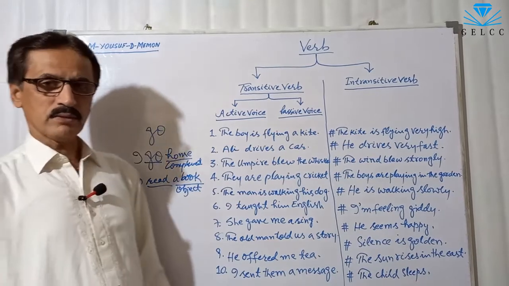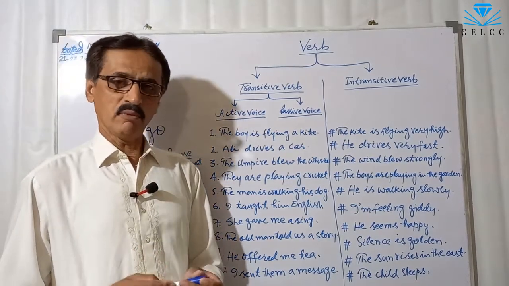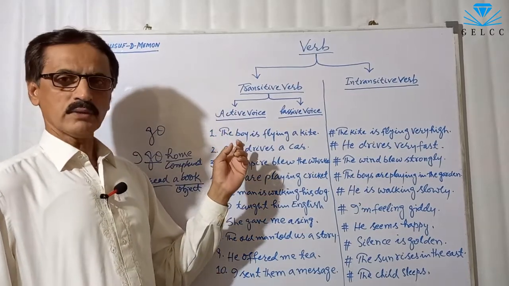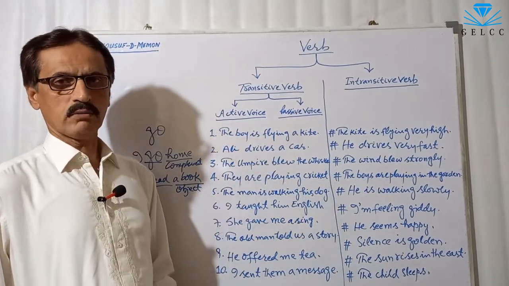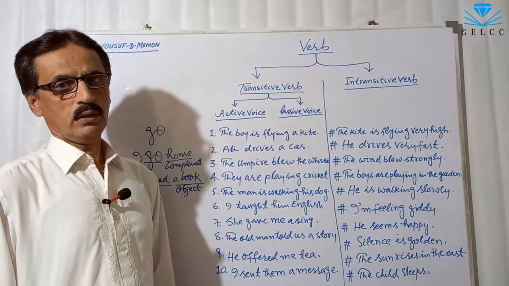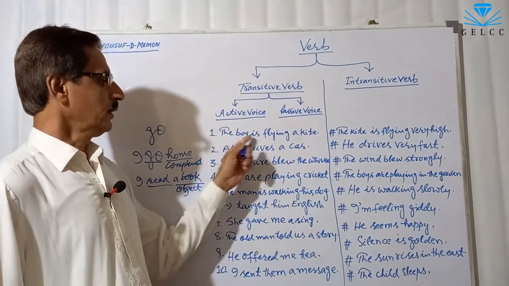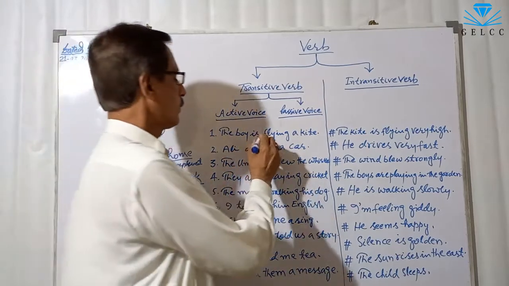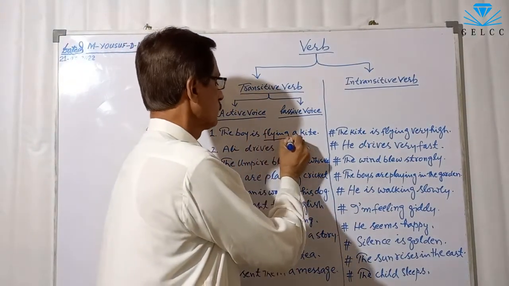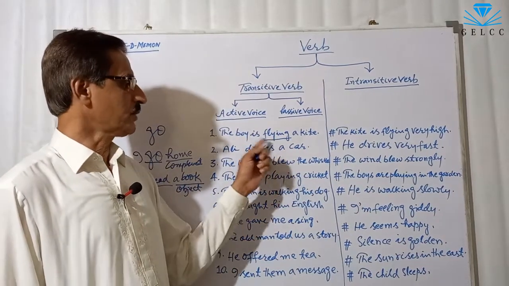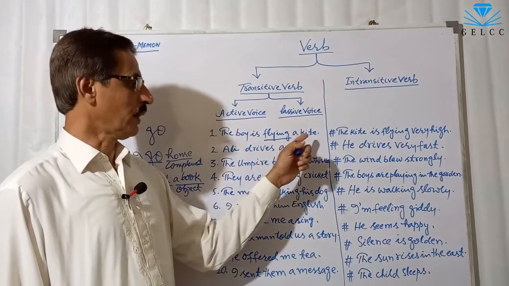In some sentences, some verbs can either be transitive or intransitive. It depends upon the usage. Now look at this sentence. The boy is flying a kite. This is verb flying. What is the boy flying? He is flying a kite.